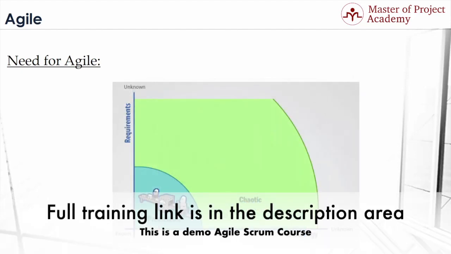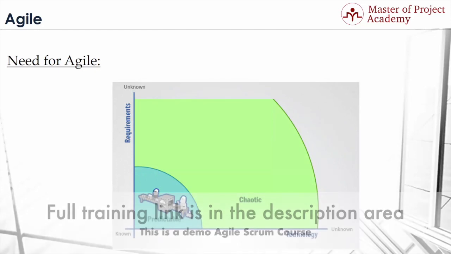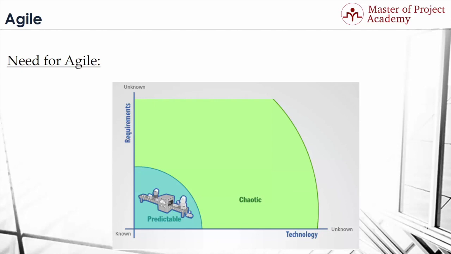However, with the evolving and ever-changing and improving capabilities in technology, together with the changing requirements of the customer throughout the project due to harsher competition in the market, projects became more chaotic.